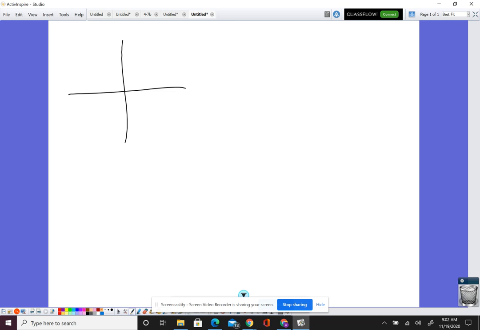So on number 1, you're given a graph that looks something like that. And it asks, is it a linear function, and explain. This is not a linear function. What makes it not linear is that there is no constant rate of change.